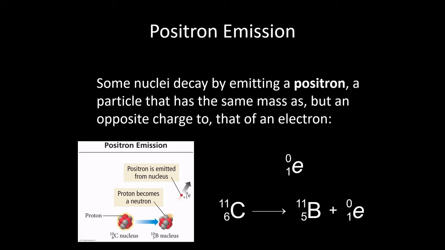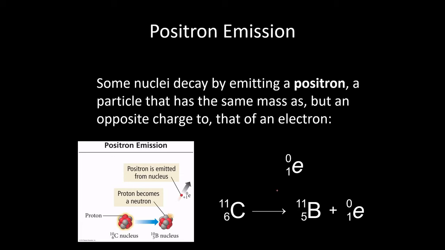And so when you lose a positron from the nucleus of an unstable isotope, a proton gets turned into a neutron. So now we're going back the other way. Again, this is just the opposite of what happened in beta decay.